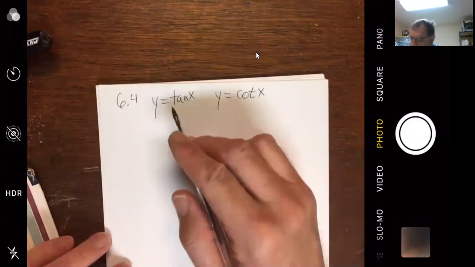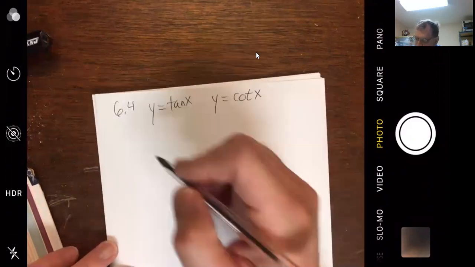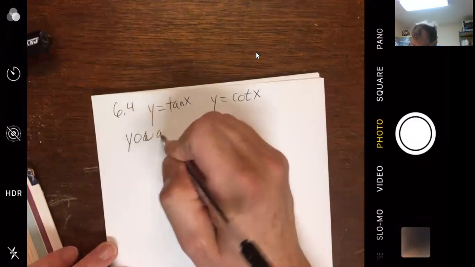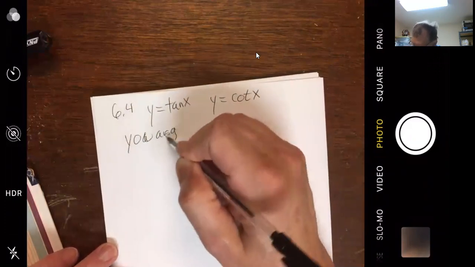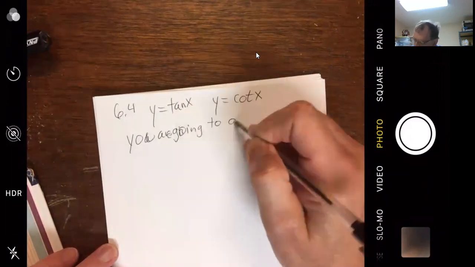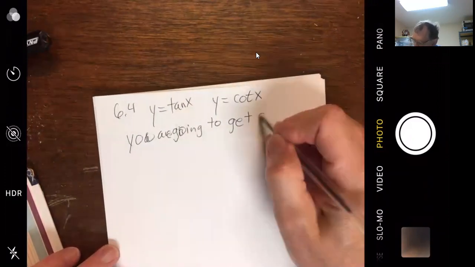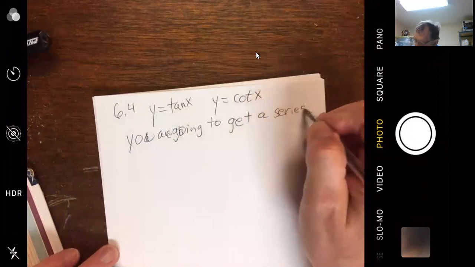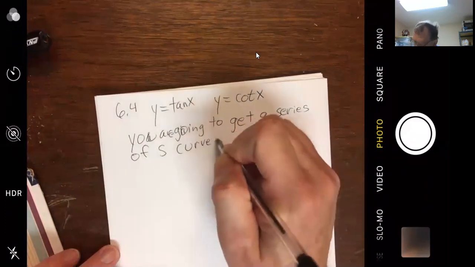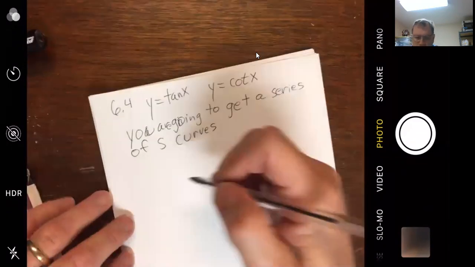So on these, you are going to get a series of S-curves. Treat each one individually.